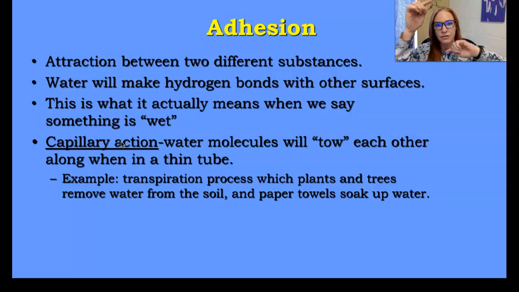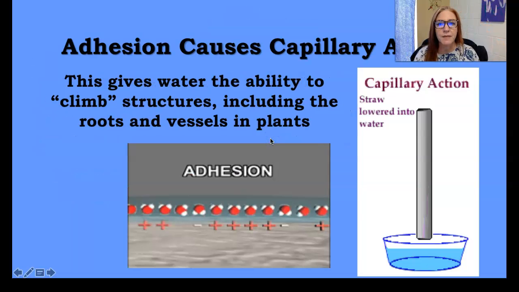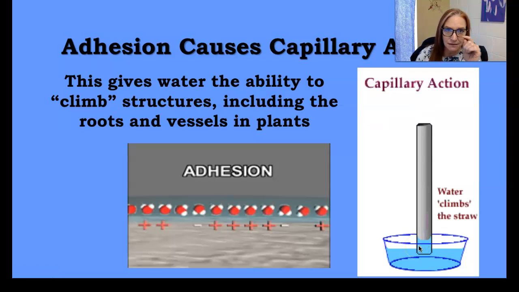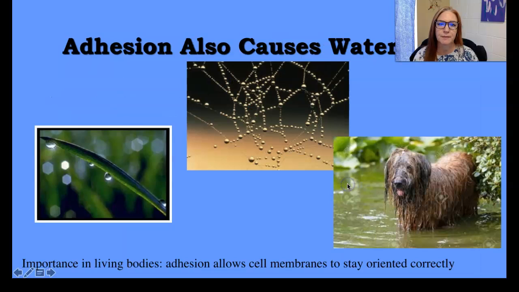So adhesion and cohesion work together in capillary action to stick to the inside of the tube and then climb up it. You saw this in the lab you did last week when you stuck the little straw into the water. If you stick a thin enough tube into water and look closely, you can see the little meniscus, and the surface of the water inside of the straw will be curved. That's the hydrogen bonds climbing up the sides of that tube.